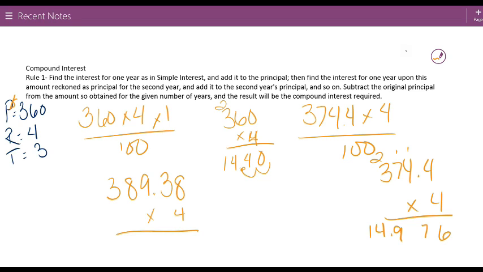So go ahead, do that multiplication, divide by 100, and then you would subtract your initial 360 to find just the amount of interest you would pay.